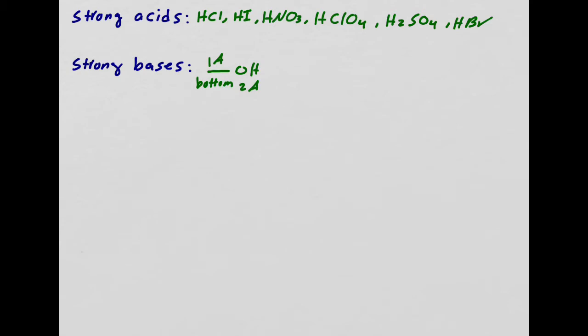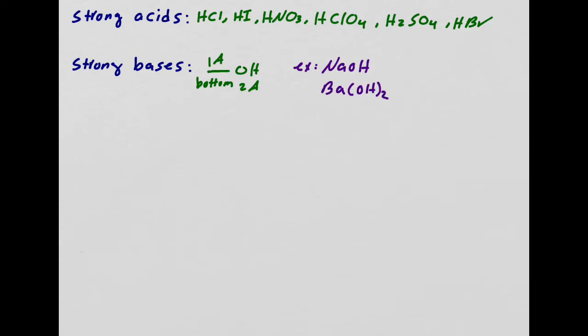Now, let me give you an example of this. So, for example, sodium hydroxide is a strong base. Sodium is from group 1A. So that's a strong base. Let me give you another example. Barium hydroxide.